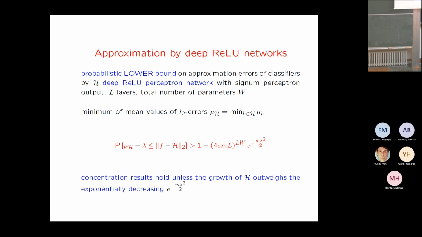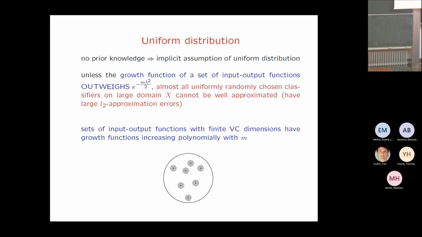But if it's highly non-uniform, various things can happen. The problem is how to characterize those probabilities. Now I'm going to this uniform distribution, which gives us at least some global point of view.